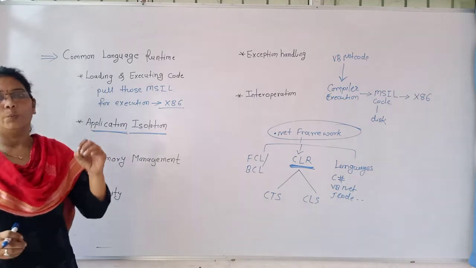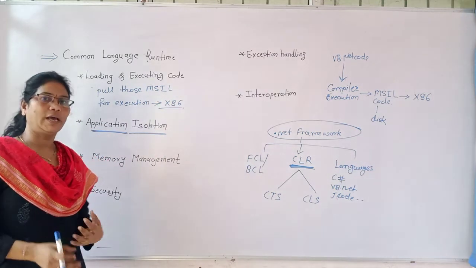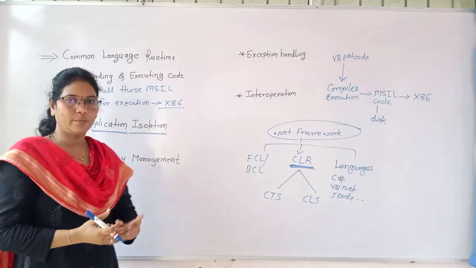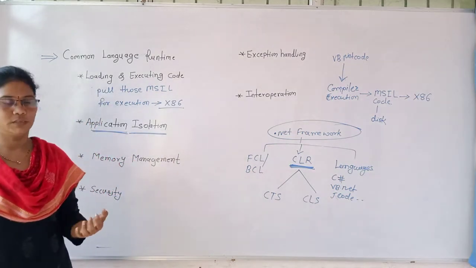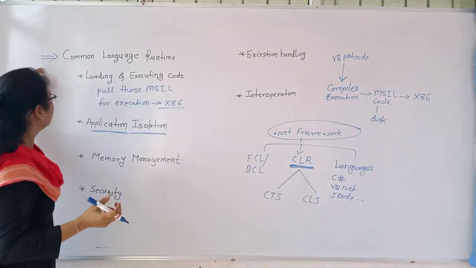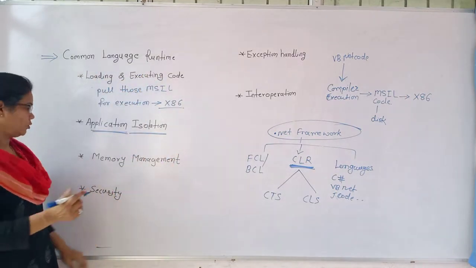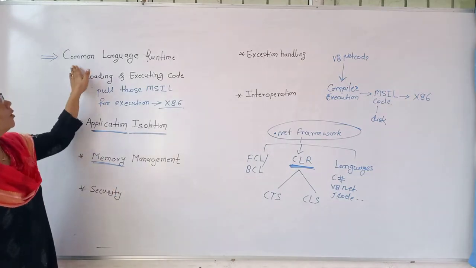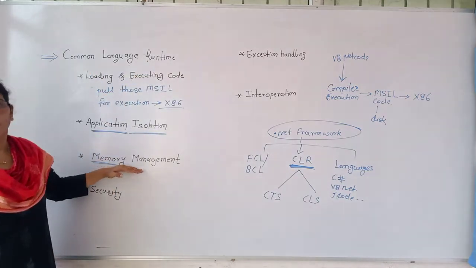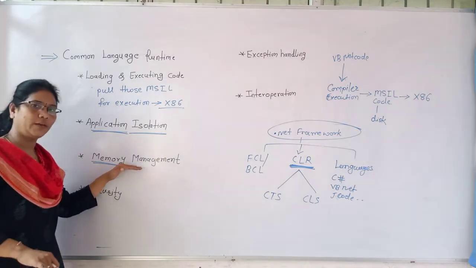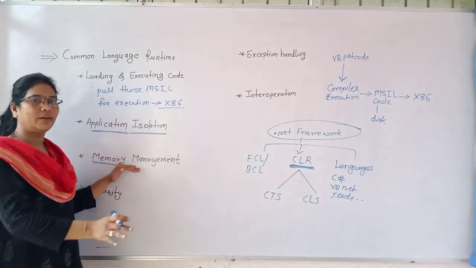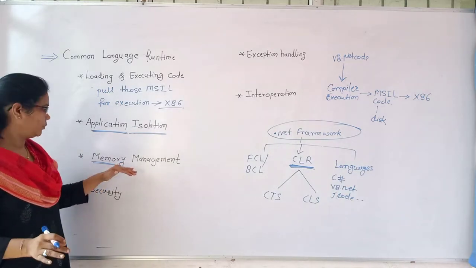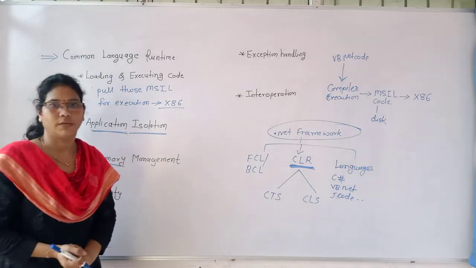When we allocate or release a memory location, that means we free the memory location or remove the data, and it is done by the Common Language Runtime. So memory management means allocating the memory for the variable and releasing the data from the memory after execution of the program. Next one is security.